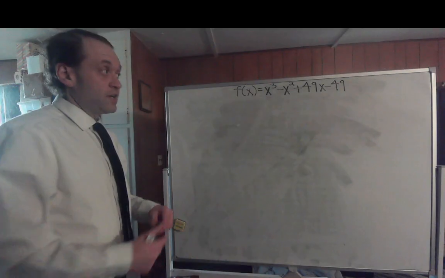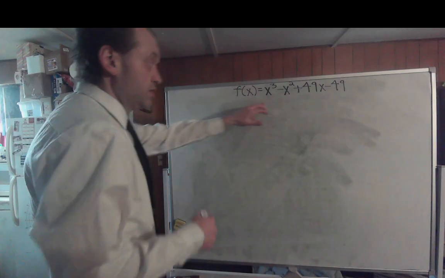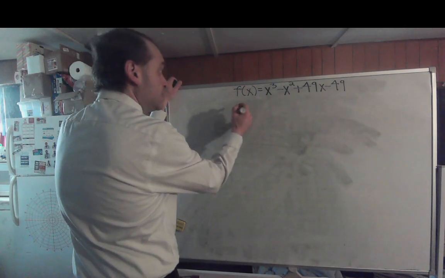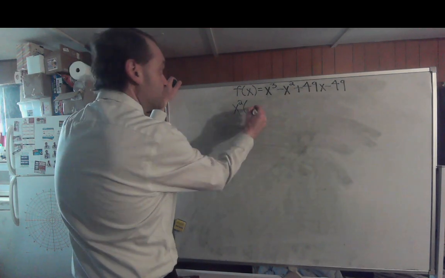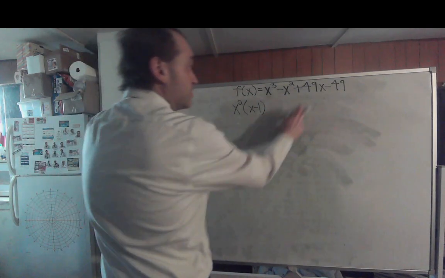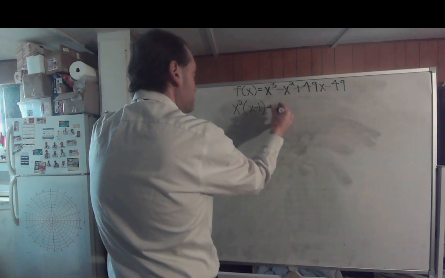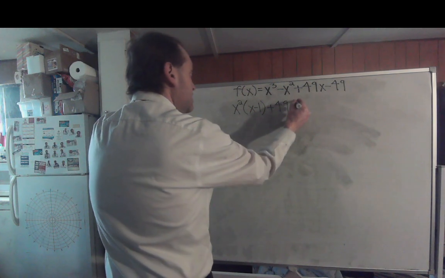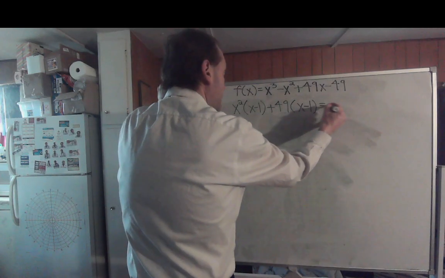Well, I think it's fairly obvious we can do factoring by grouping, right? So look at your first two terms. You have an x squared in common. So if you factor out the x squared, you'll end up getting x squared times the quantity of x minus 1. And then look at your second two terms. You can factor out a common 49. So this will be plus 49, also times the quantity of x minus 1. All that equal to 0.